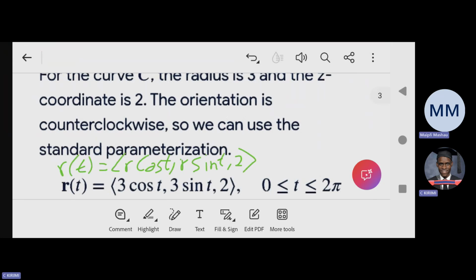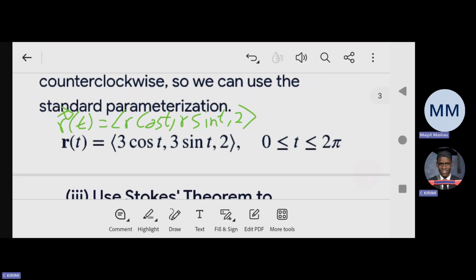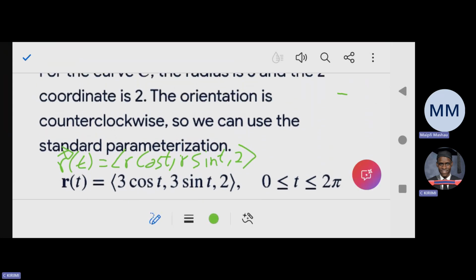The r of t does not change. It's always the same equation. Then we come to what we always do. When you talk of radians, we are starting from 0, then you go to pi over 2, which is 90 degrees, then from pi over 2 you come to pi.